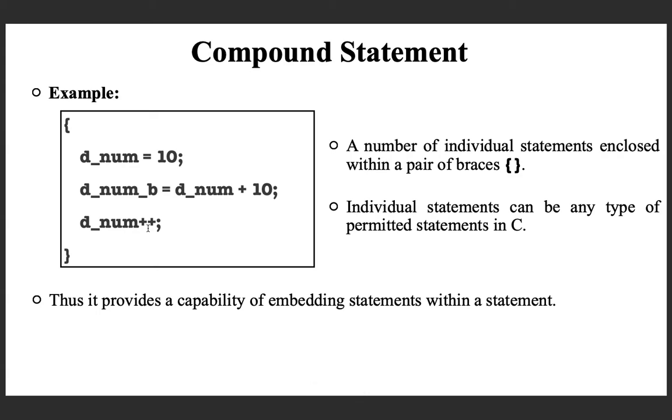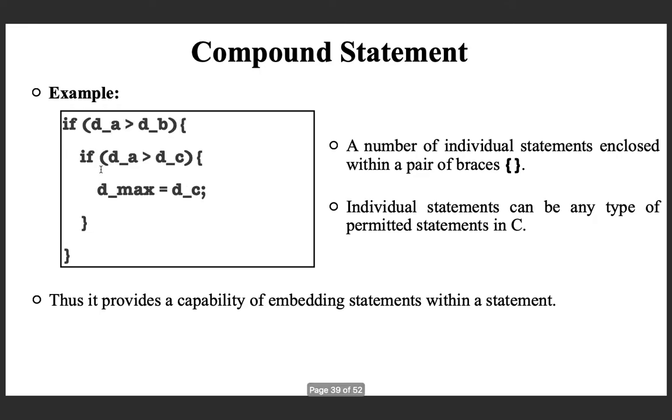Thus, compounding provides us a way of embedding statements within a statement. For example, this is an embedding. So curly braces, the first compound statement starts over here and ends here. It's an if statement.